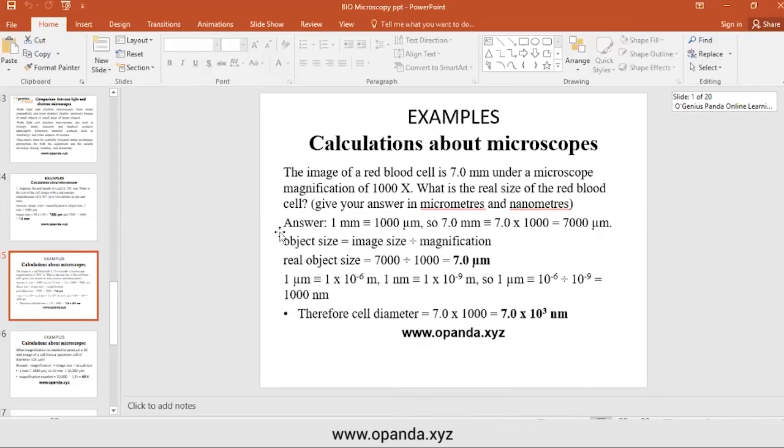You know that nano is 10 power negative 9, and micro is 10 power negative 6. That's why you have negative 6 and negative 9, giving 7 times 10 power 3 nanometers. Is it clear? And the conversions?